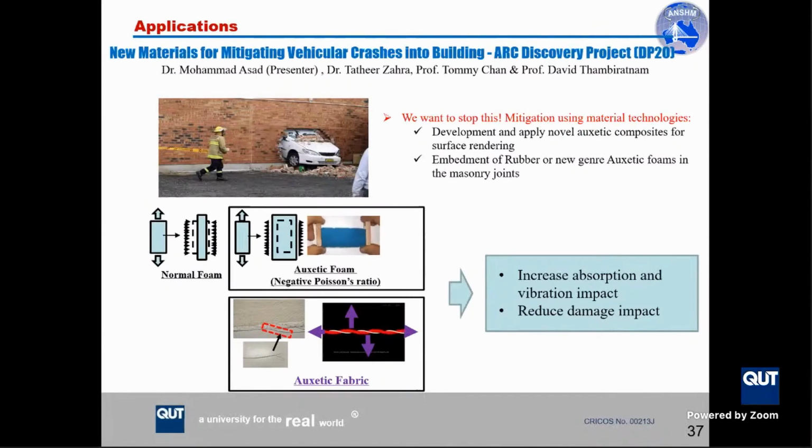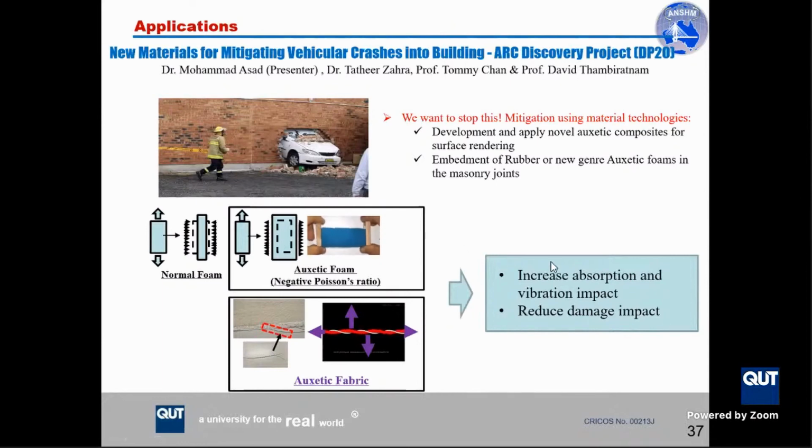So what is an auxetic material? Auxetic materials have a special property called negative Poisson's ratio. Normally, if you stress a material vertically, it will become shorter and thicker, right? But for an auxetic material, it will expand in all directions if you stretch it.